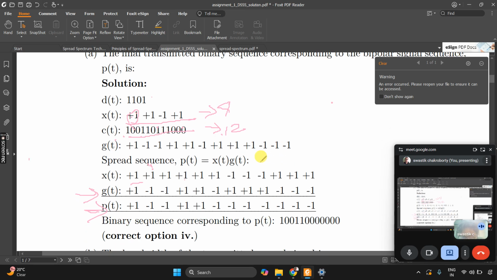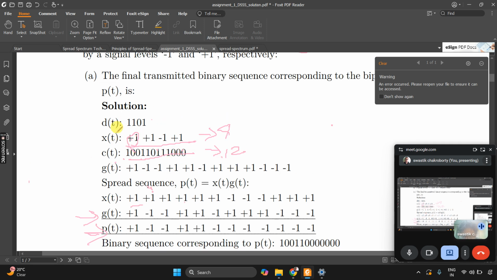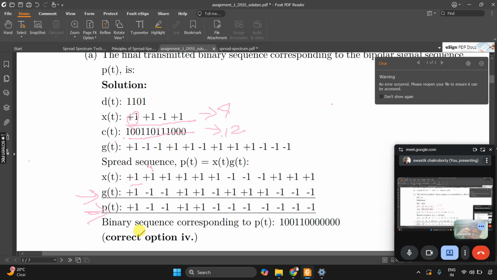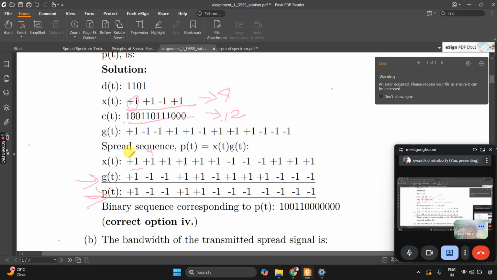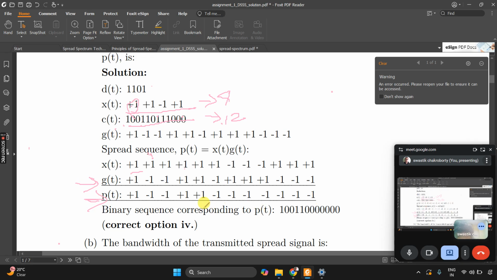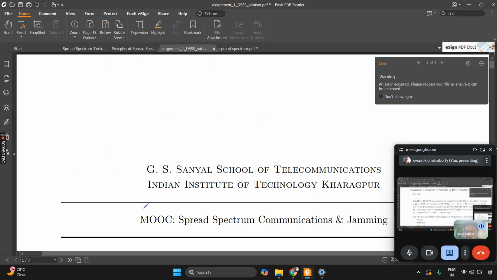So we take the spread sequence and take a dot product with the code, and what we get is pt. The pt is the exact binary sequence that is spread. If you take the bipolar to binary conversion, it will become 1001 10000000.